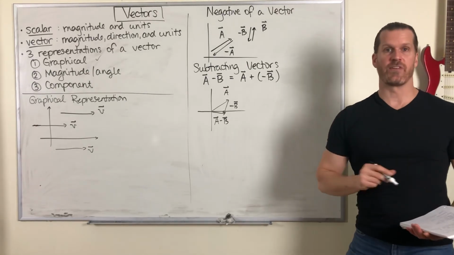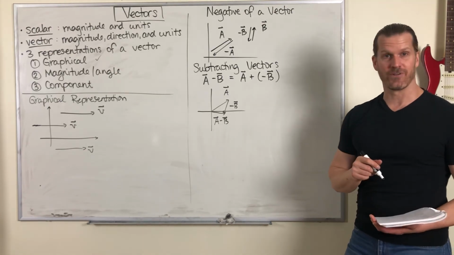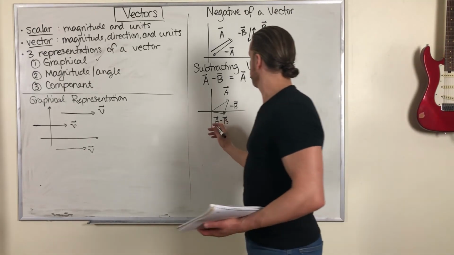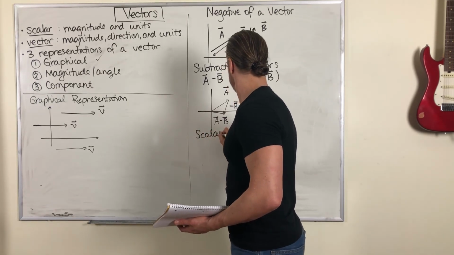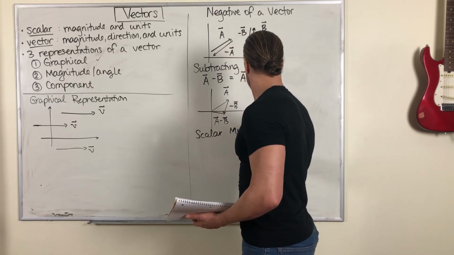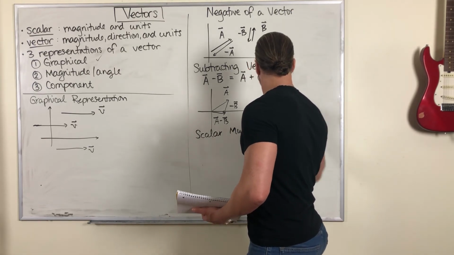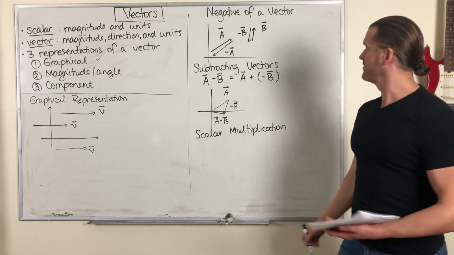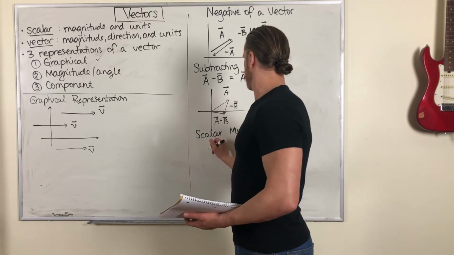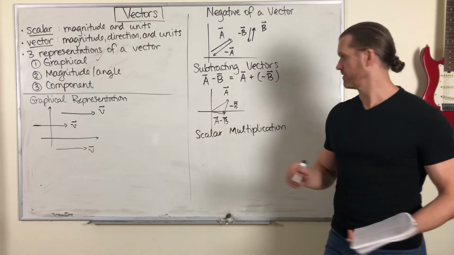All right, there's one more thing that you need to know how to do, and that is scalar multiplication. This is also pretty easy. This means multiplying a vector by a scalar number.